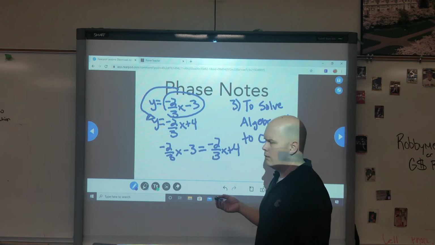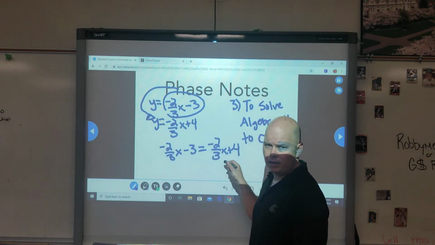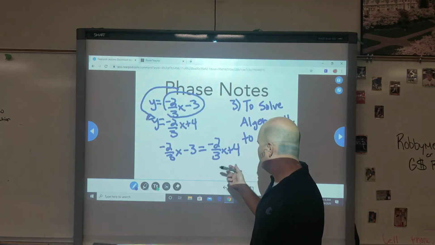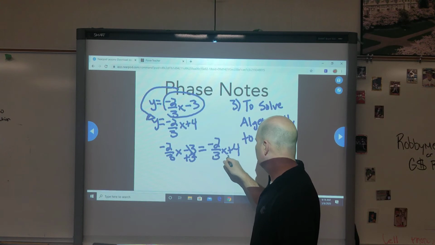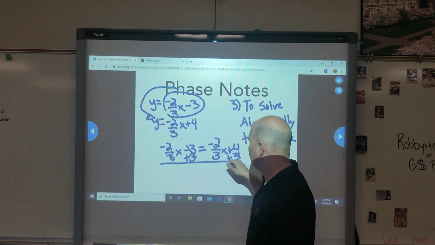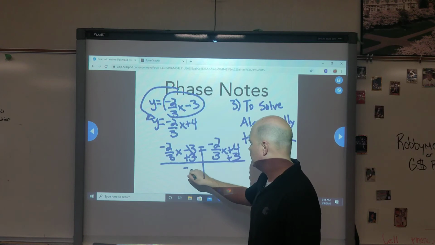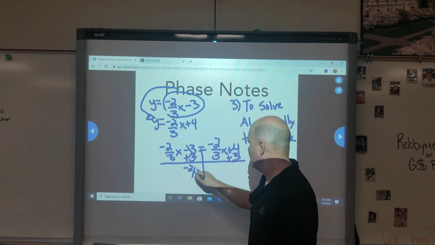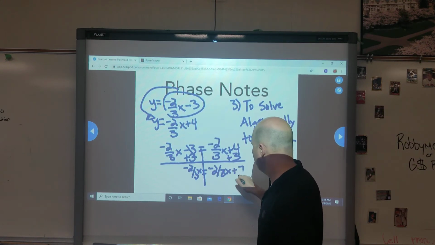So I'm going to move my 3 over to this side because, to be honest with you, I prefer dealing with positive numbers. So I'm going to add 3 to both sides. That goes away, and I'm left with negative 2 over 3x equals negative 2 over 3x plus 7.